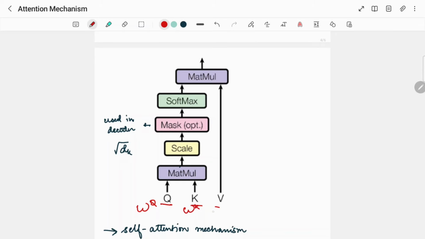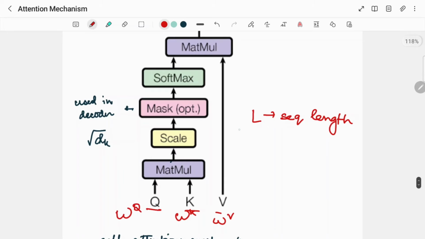Similarly we have a matrix WK and WV. Some other notations you need to know: L is the sequence length, DK is the dimension of the key vector, and DV is the dimension of the value vector.